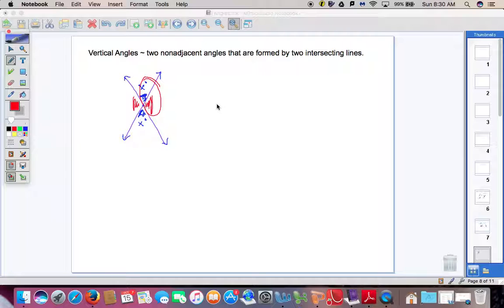Okay, so we've got these angles that have these intertwined relationships with each other. But vertical angles are simply angles that are formed when two lines intersect, and it's the angles that are opposite of the vertex. Okay. And the relationship between vertical angles is that vertical angles are congruent to each other.